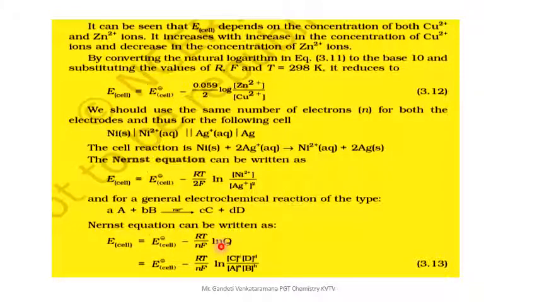So how to write: on the right hand side C, concentration of C to the power c, D to the power d, divided by A to the power a, B to the power b. This is the general equation and this is the procedure. How to write the Nernst equation for the given reaction is very, very important.